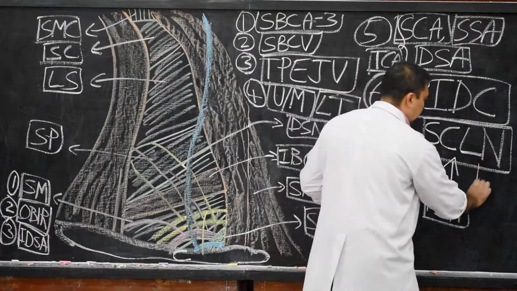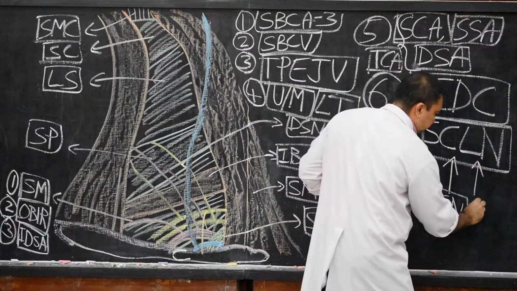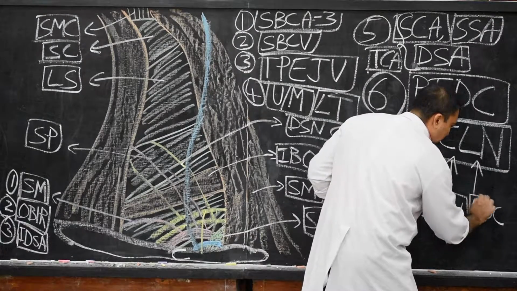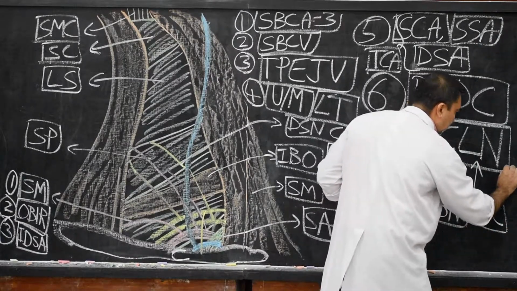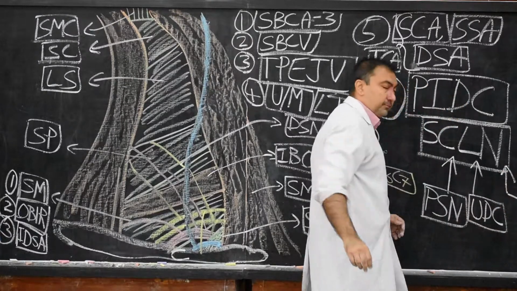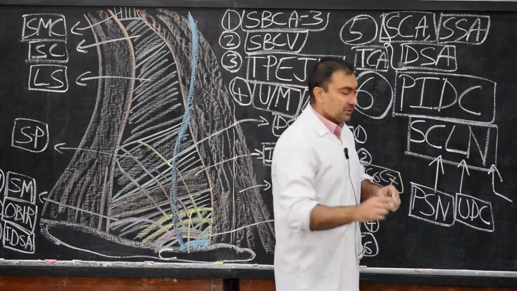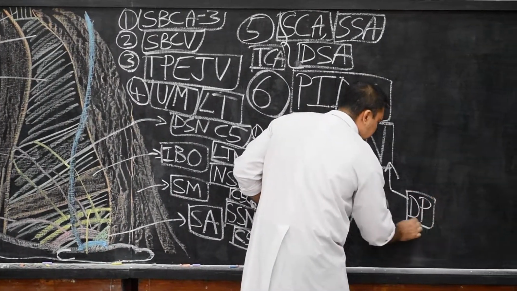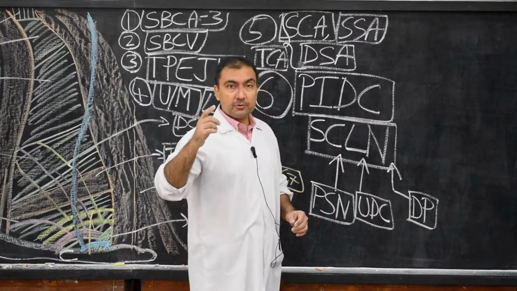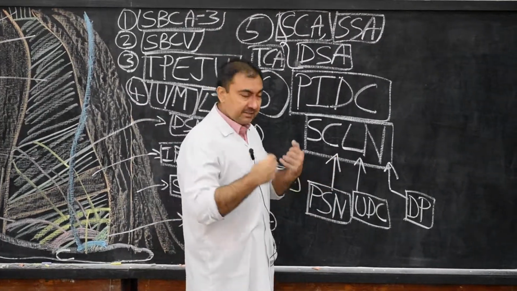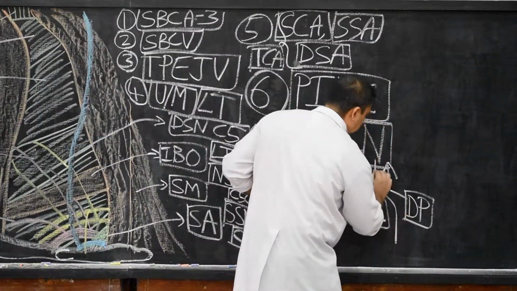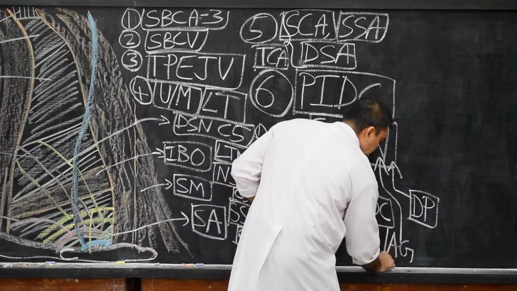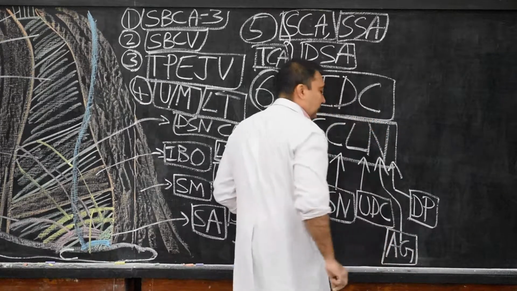Then they drain the lymph from the upper group of deep cervical lymph nodes, then from the deltopectoral group of lymph nodes. And, very important, they receive lymph from the axillary group of lymph nodes.